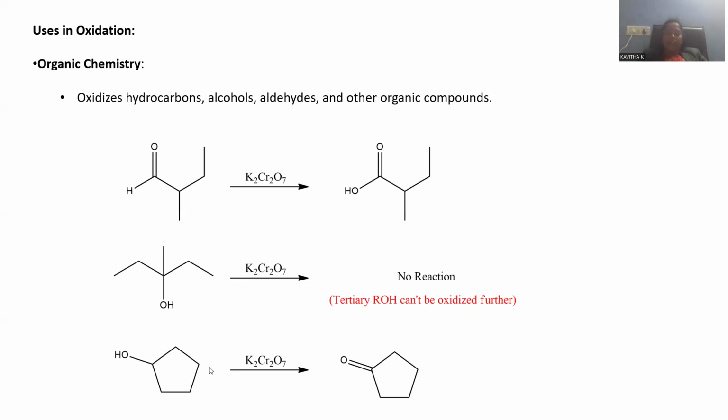But whenever we have a secondary alcohol, it is convenient to go for dichromate oxidation, converting the alcohol into a ketonic compound. Being secondary, there is a provision to achieve a ketone. If it is primary, carboxylic acid is the product, but since it is secondary, I got a ketone as the product. And if we take a cyclic alcohol, a cyclic ketone will be the product.